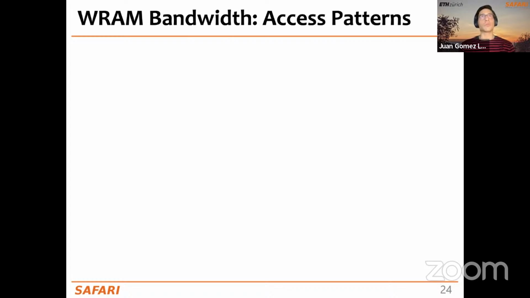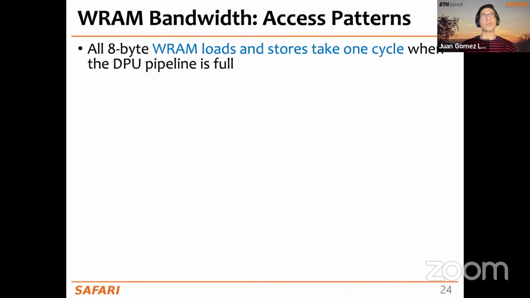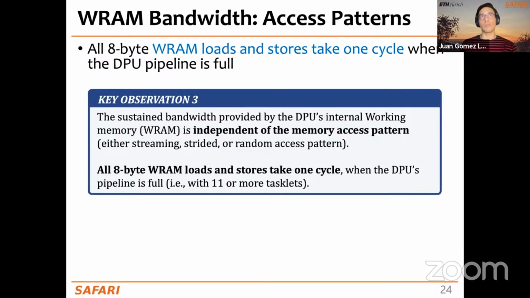Another interesting observation with respect to the WRAM bandwidth is that all WRAM loads and stores take 1 cycle when the DPU pipeline is full. What that means is that the actual sustained bandwidth that we can obtain when accessing WRAM is independent of the memory access pattern. This is not a banked memory or anything like that.